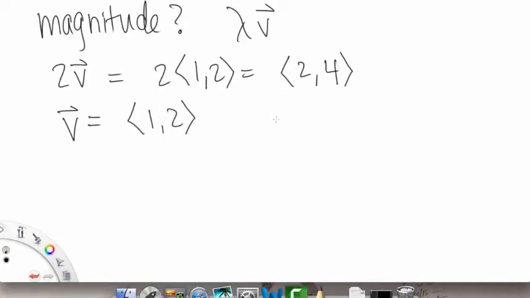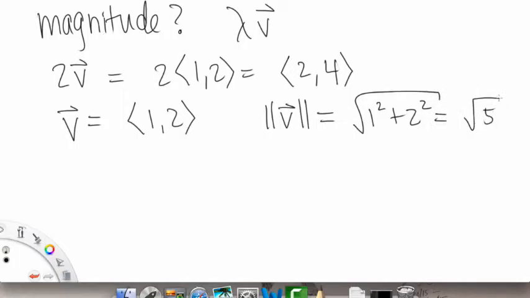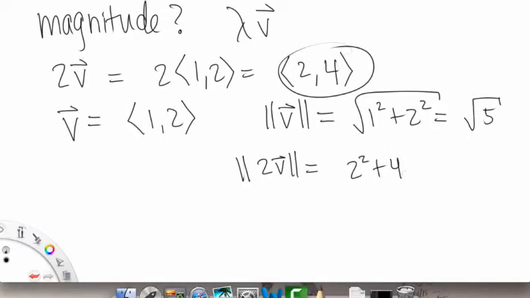The magnitude of the original v was the square root of 1 squared plus 2 squared, and that's going to be the square root of 5. So that's the original one, the short one. And then let's take the magnitude of 2v. This is our scalar multiple, so we take these components and square them. So 2 squared plus 4 squared, and that is going to be the square root of 20, which is also equal to the square root of 4 times 5.